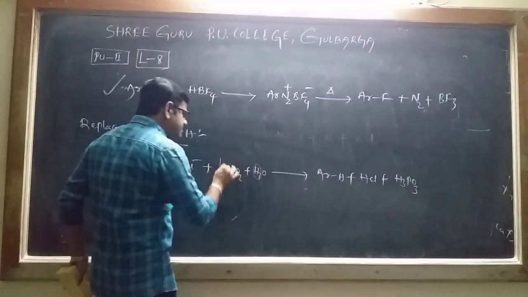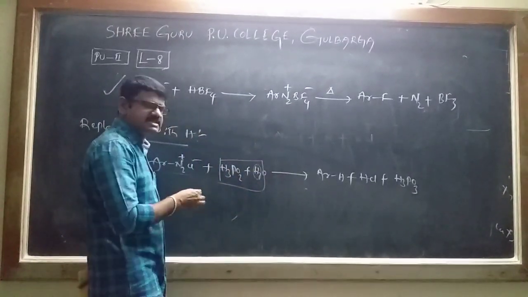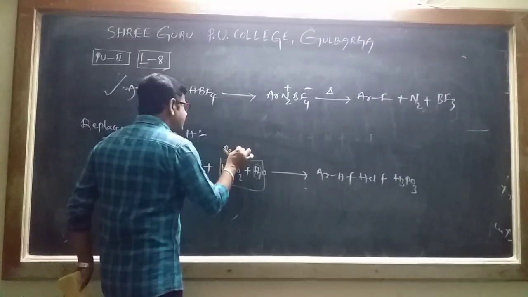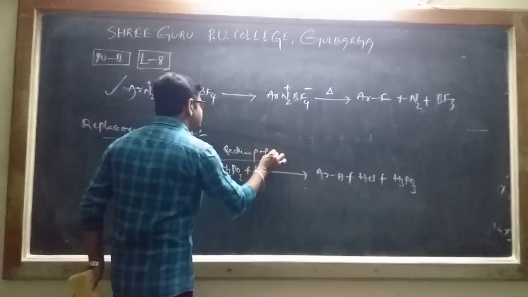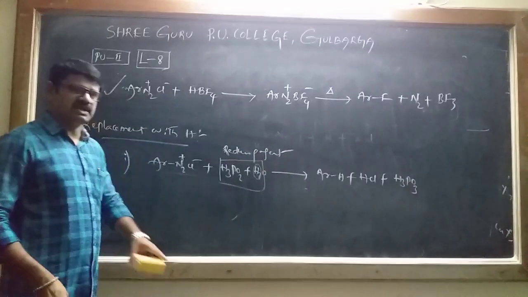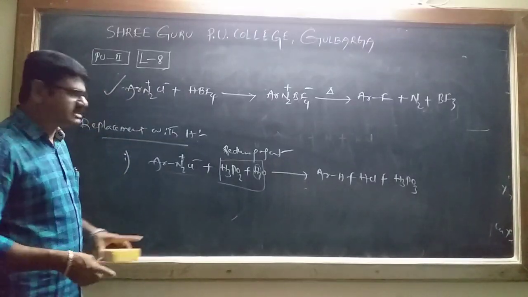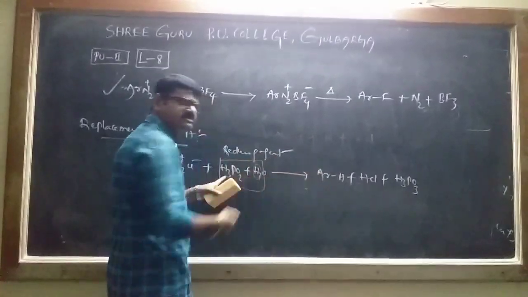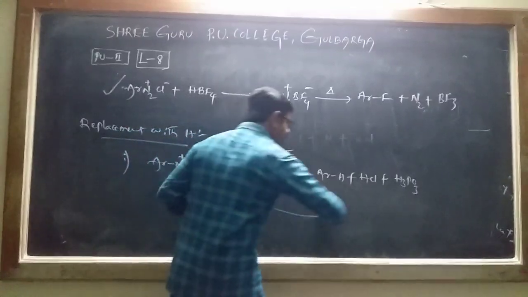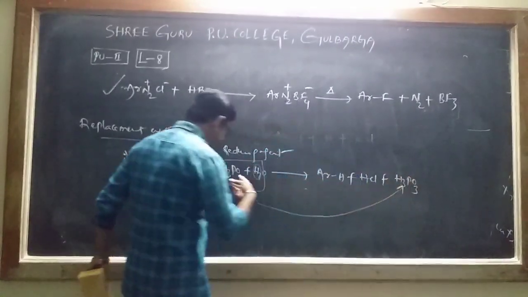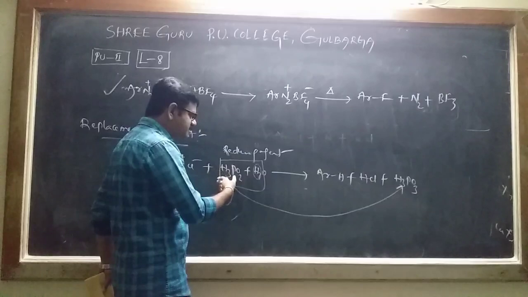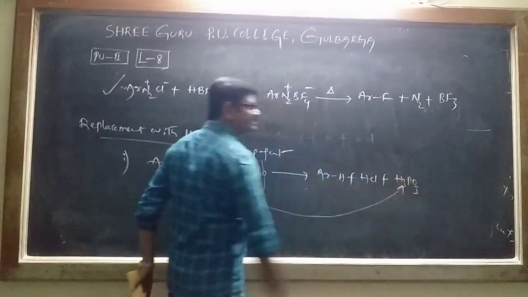Now, this acid is acting as a mild reducing agent. What is the role of a reducing agent? A reducing agent reduces others and itself undergoes oxidation, because here we have two oxygens in H3PO2 and three oxygens in H3PO3.